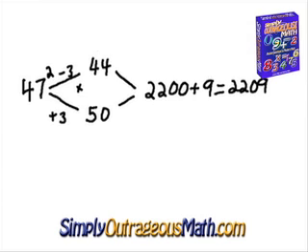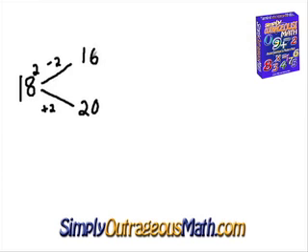Okay, we're going to do one more because I've been using numbers that were different by 3. So we're going to try a number that is different by a little bit less here. So let's try the number 18 squared.